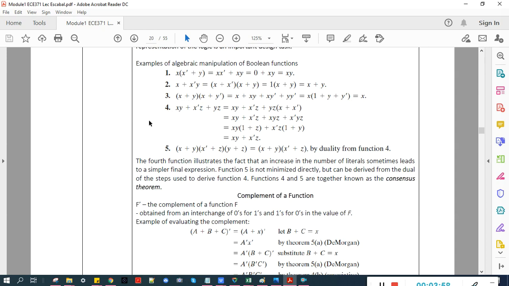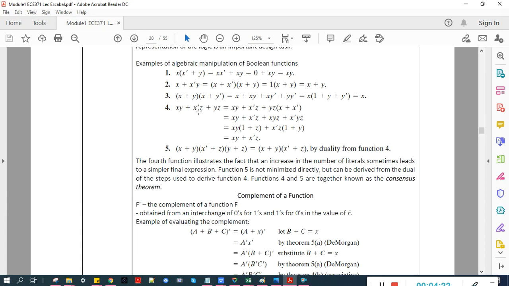Also, number 4, xy + x'z + yz. How are you going to simplify this? It does not combine directly, so the author has a different way.